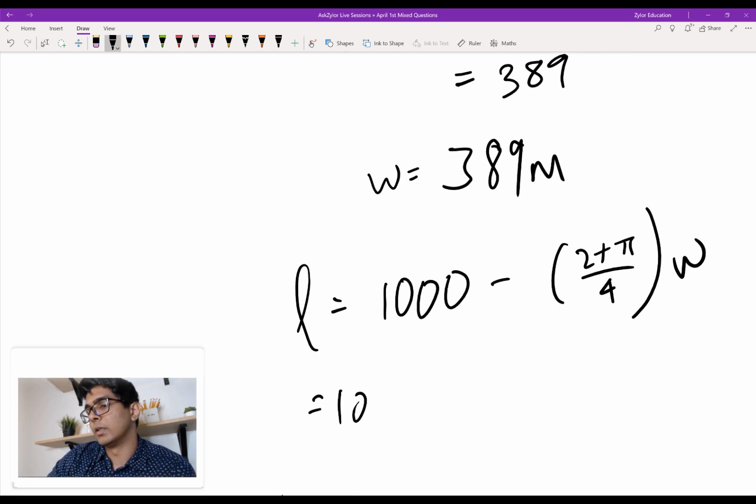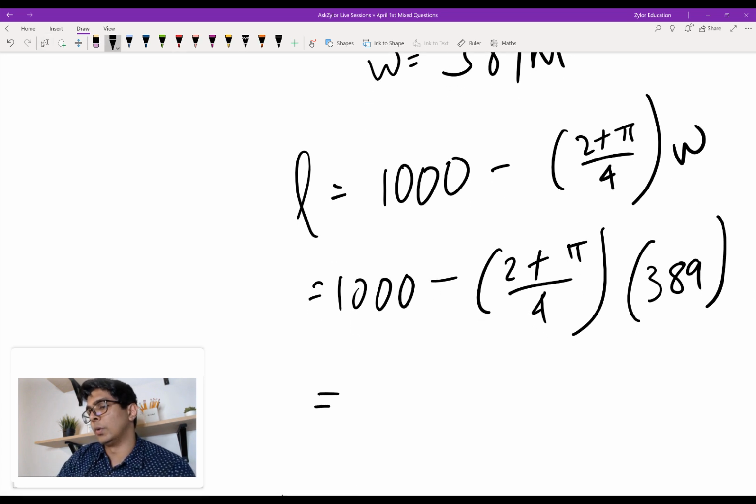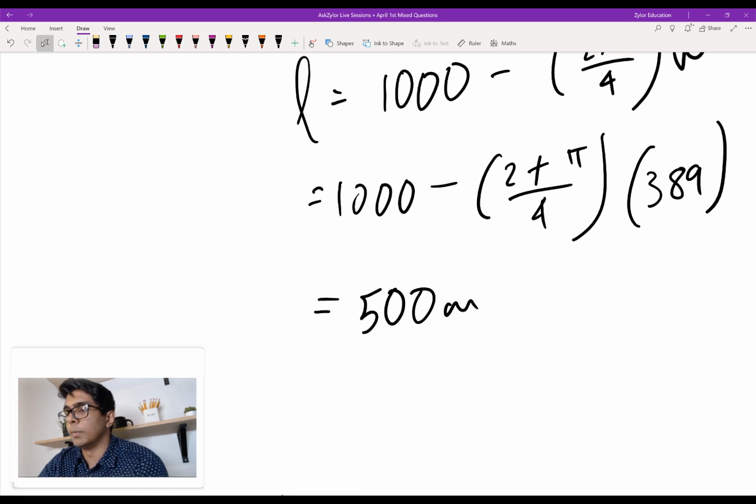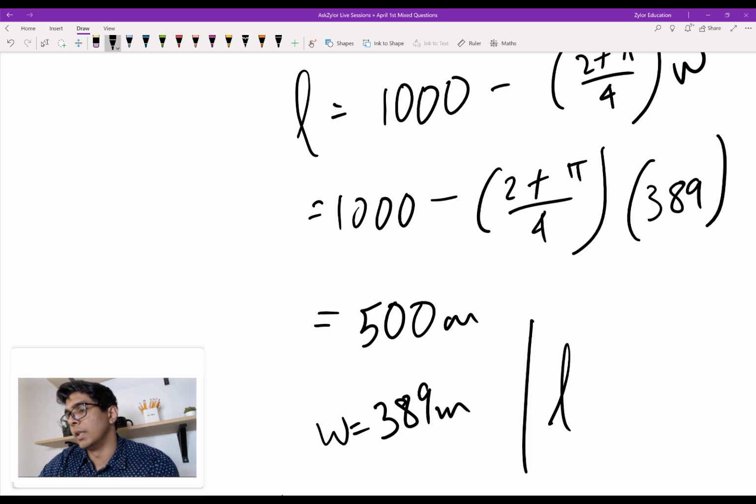And then I'm going to substitute my width, which was 389, and plug it into the calculator, which would give me 500. So the dimensions that are going to maximize the area are my width, which was 389 meters, and my length, which is 500 meters.